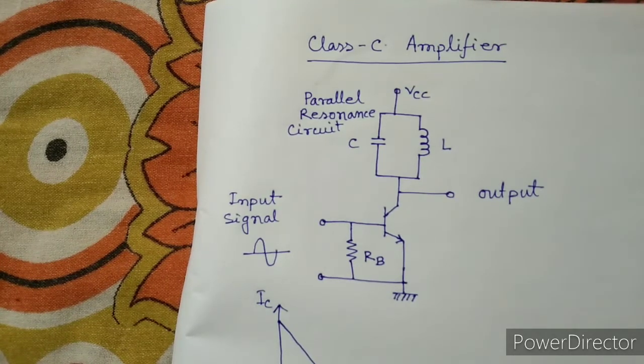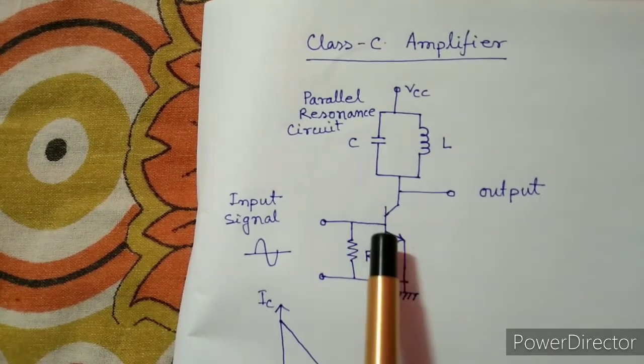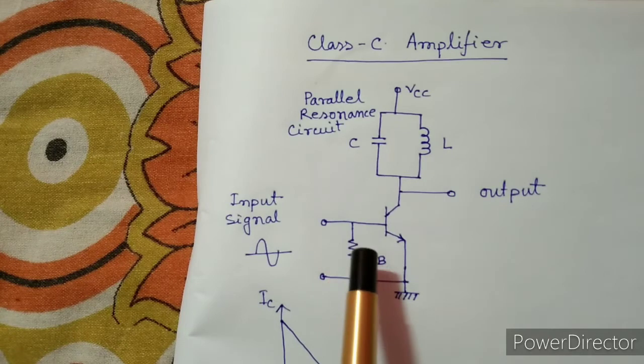In a class C amplifier, the conduction angle is less than 180 degrees. A class C amplifier is also named a tuned amplifier.